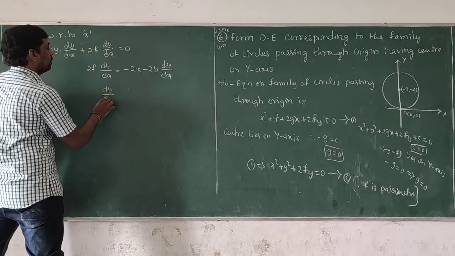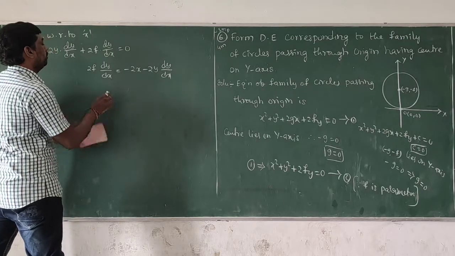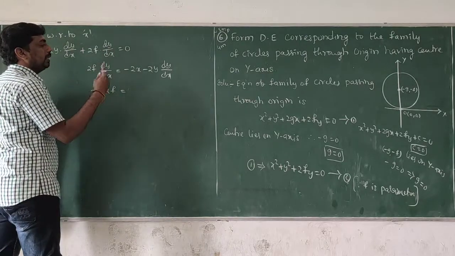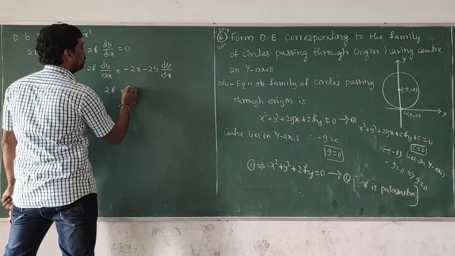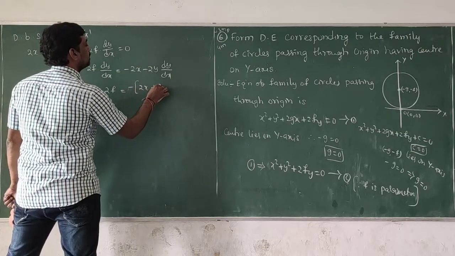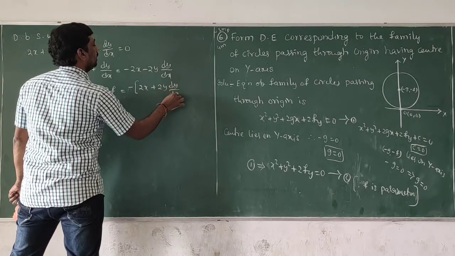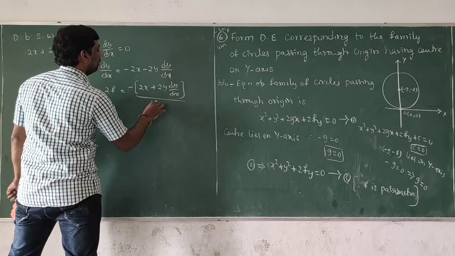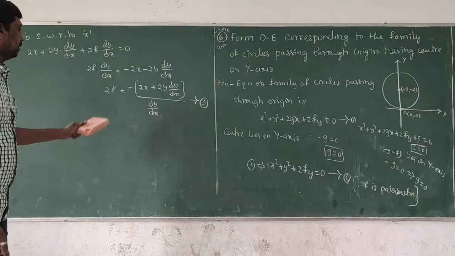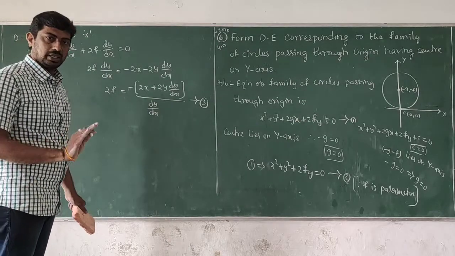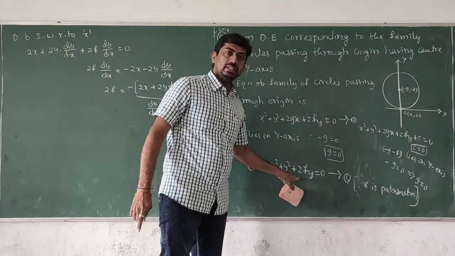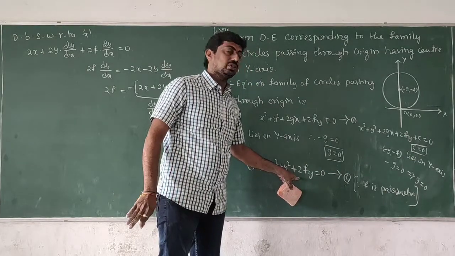Now from this equation find the 2f value. Taking dy by dx to the opposite side, in these two terms minus is common. Then 2f equals minus of 2x plus 2y into dy by dx, whole divided by dy by dx. Take this as the third equation. This is the value of 2f. Understood clearly?